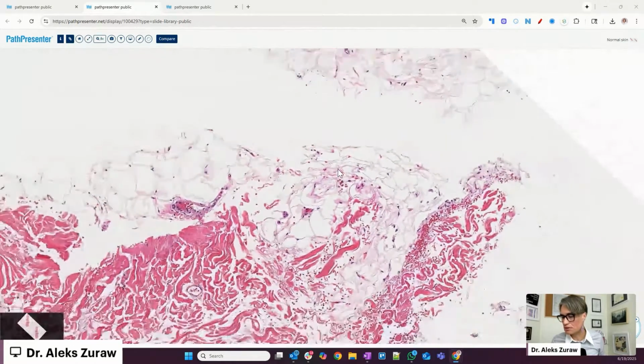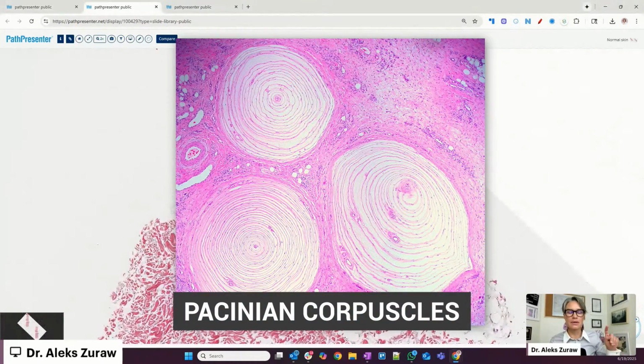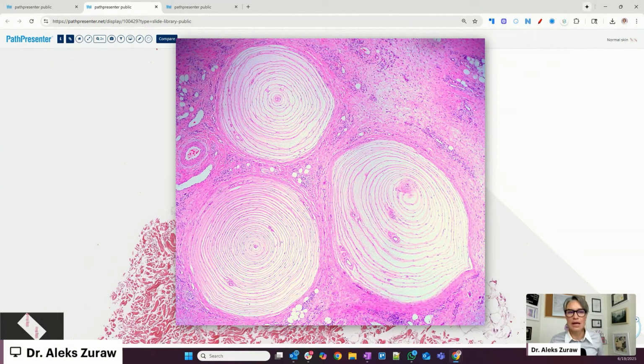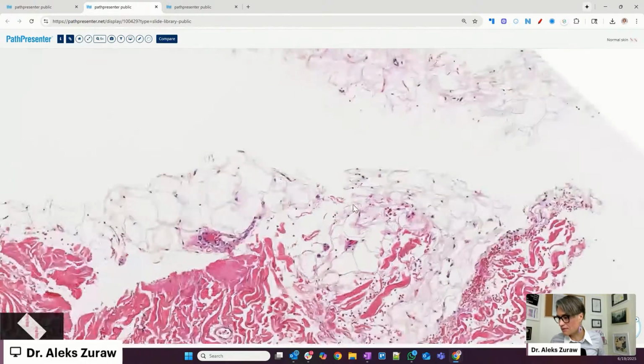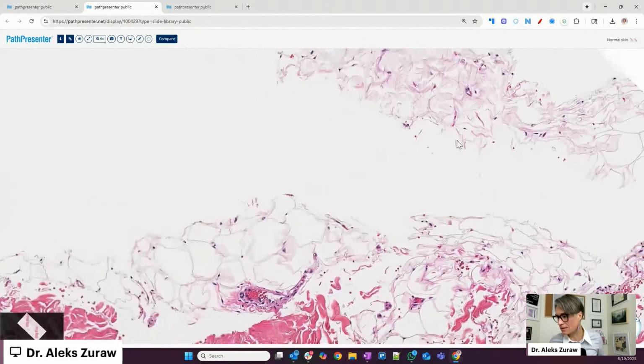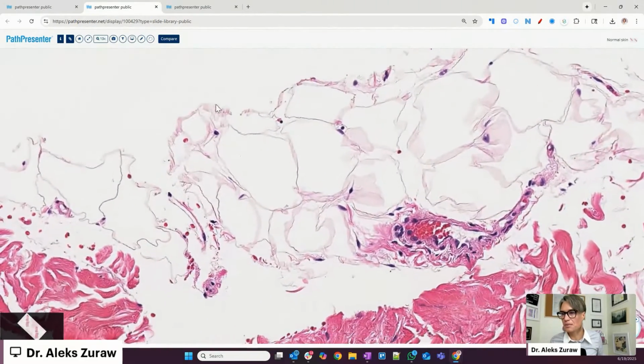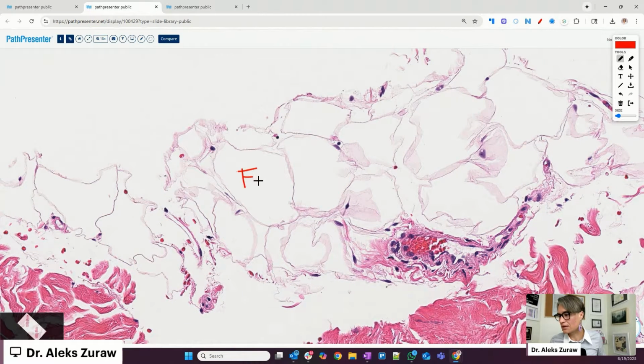I am not seeing any pacinian corpuscles. These are very typical, onion-like looking receptors for pressure, but I do see fat cells. So these are classical adipose fat cells.